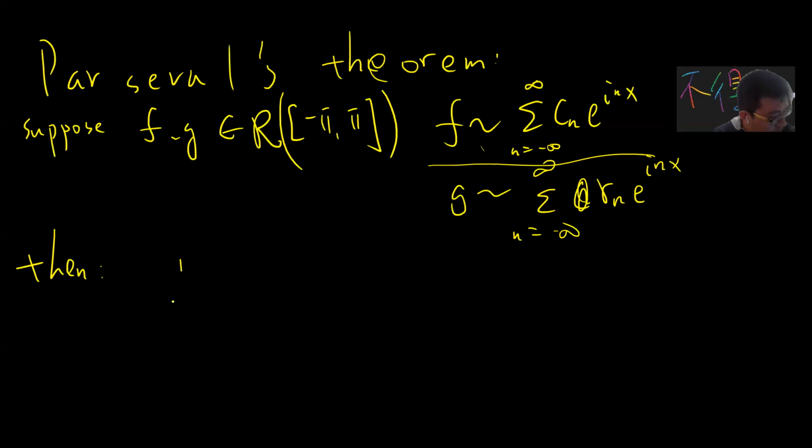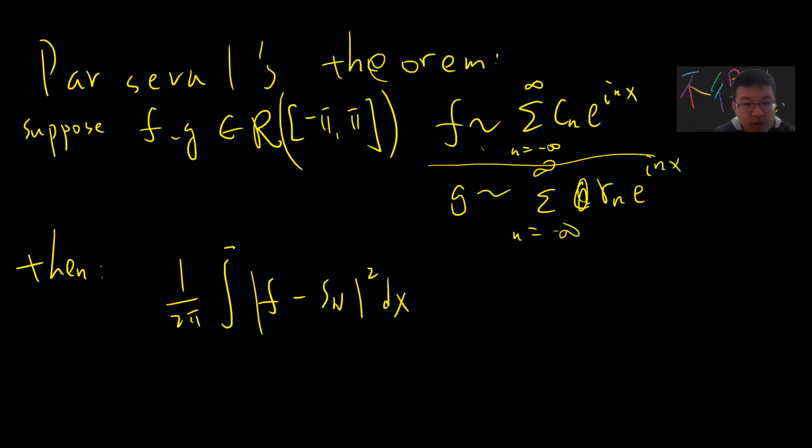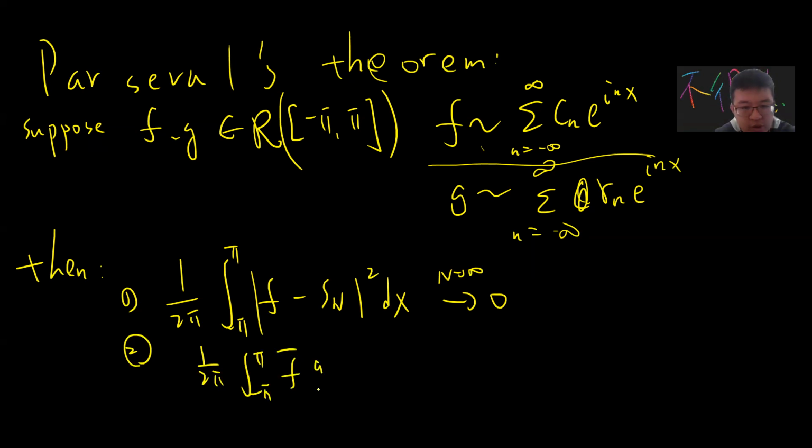Then the first one: 1 over 2 pi times the integral from negative pi to pi of f minus Sn, squared, dx, goes to 0 as n goes to infinity. The second one: 1 over 2 pi times the integral from negative pi to pi of f g bar dx will be the sum of Cn times gamma n bar.